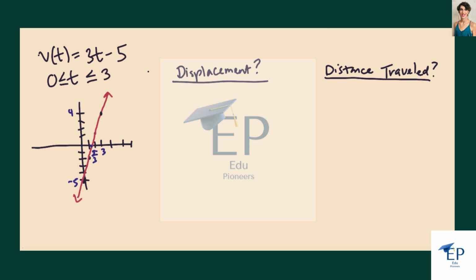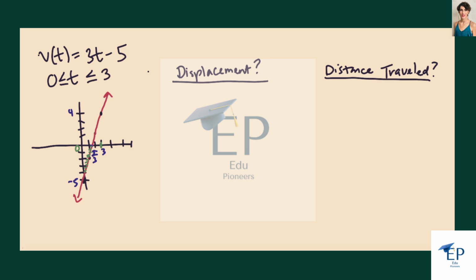And then we just want to remember anytime velocity is negative, that means the particle is moving backwards. Negative velocity, the negative part is just directional. So from time equals 0 to time equals 3, from 0 until 5/3, since the graph is below the y-axis, the velocity is negative, and the particle is moving backwards.